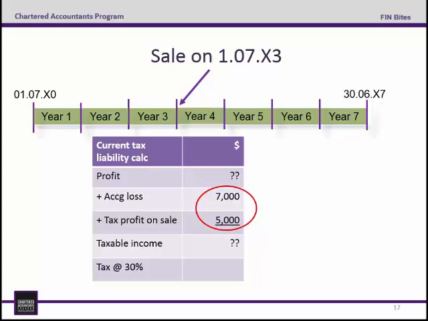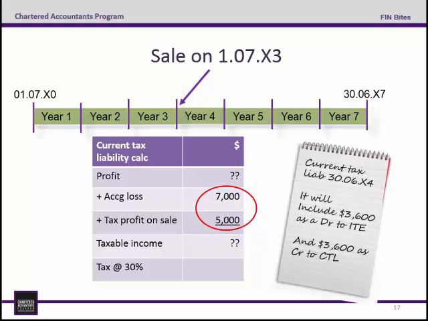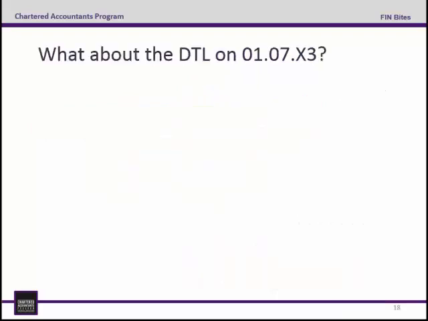That is the $12,000 in add-backs times 30%. So the current tax liability calculation at 30 June X4 will include $3,600 as a debit to income tax expense and $3,600 as a credit to the current tax liability.